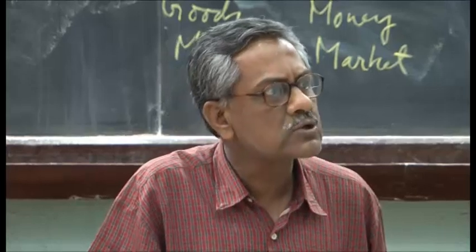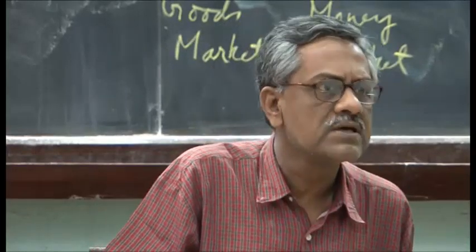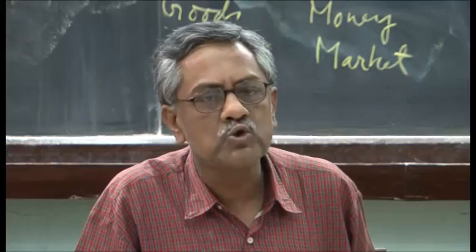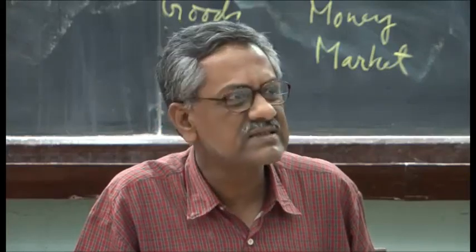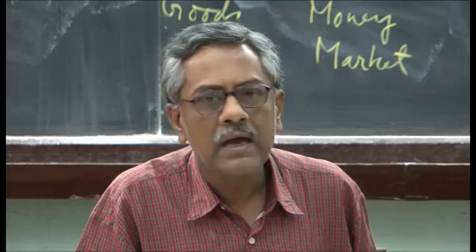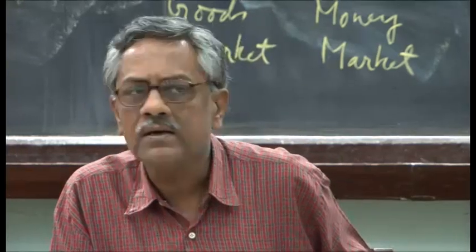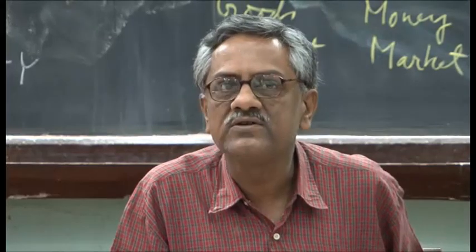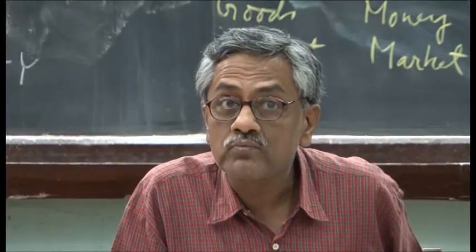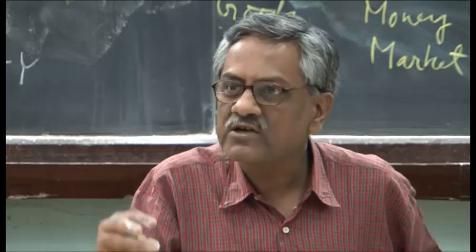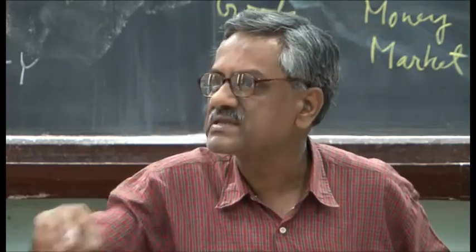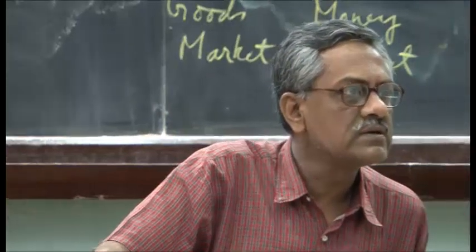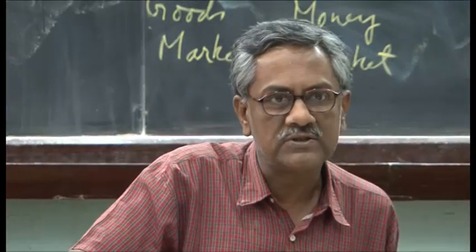In macroeconomics, the two conventional sets of policies that we discuss are fiscal policy, which has to do with the finance minister, taxes, etc., government spending, and monetary policy, which has to do with the central bank of the country. In our case, it is the Reserve Bank of India, what they do. So the headquarter of monetary policy in any country is the central bank. The headquarter of fiscal policy in any country is the finance ministry.